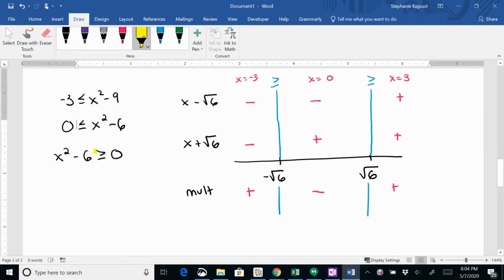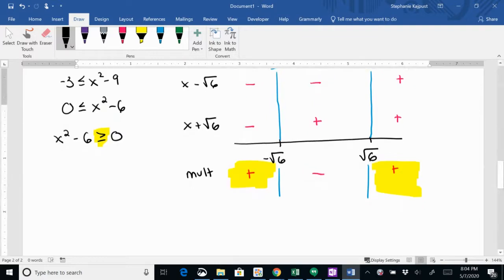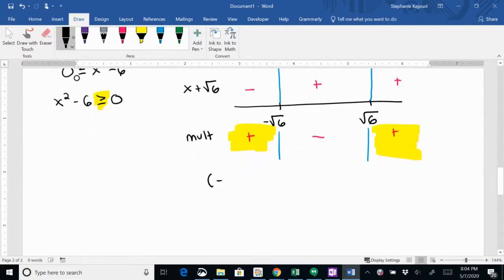And then we want greater than or equal to 0. So we've got two sections here. So we've got -infinity to negative square root of 6. And then we're combining this, so it's a union symbol, with square root of 6 to infinity.